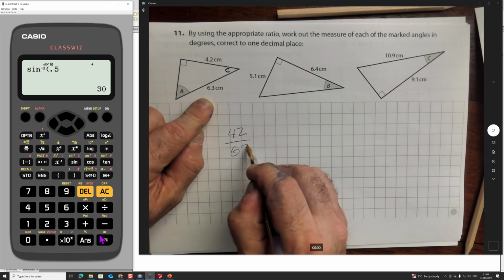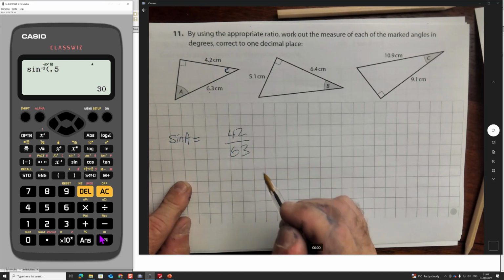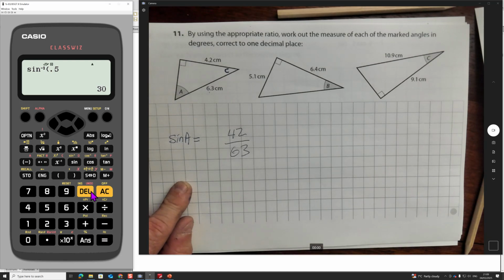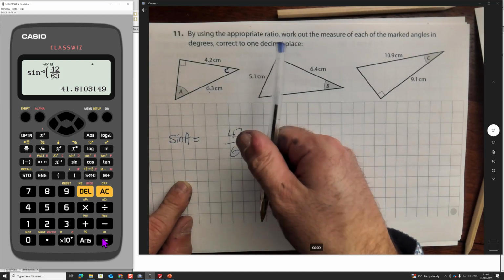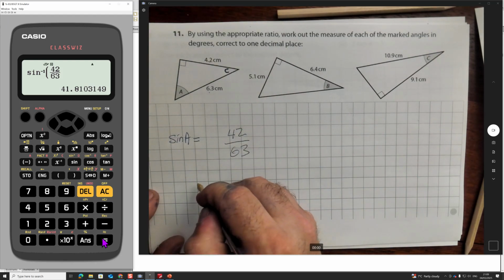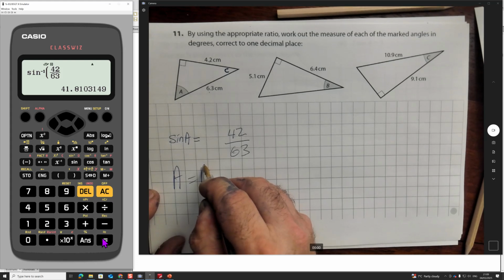Why should I bother with the decimal on the calculator? You see that trick? Do you agree with it? Shift sine fraction. Shift sine, inverse sine 42 over 63 equals, now to 1 decimal place, 41.8.